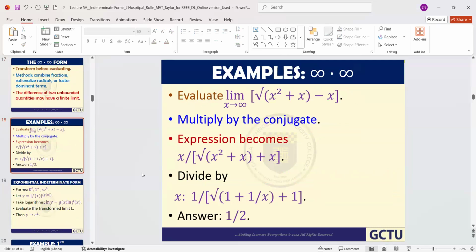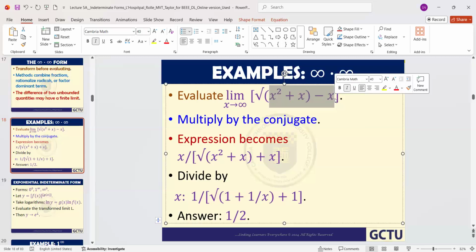Okay, so there is one question here, and I want to see how to go about this. If you substitute infinity into this, we'll get infinity minus infinity. The best way is to use the method of conjugate. Conjugate is rationalizing.